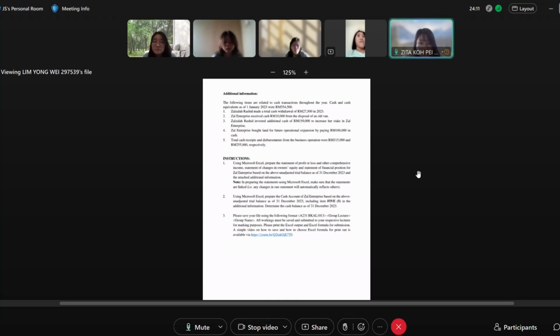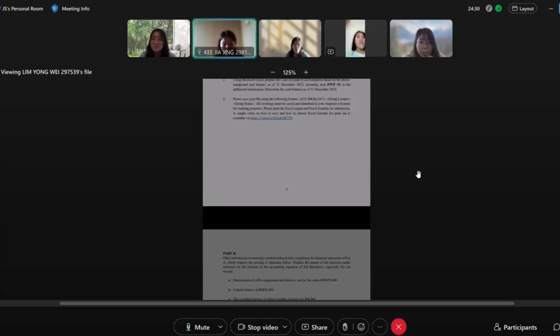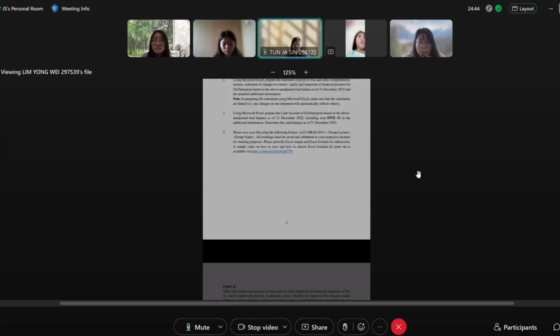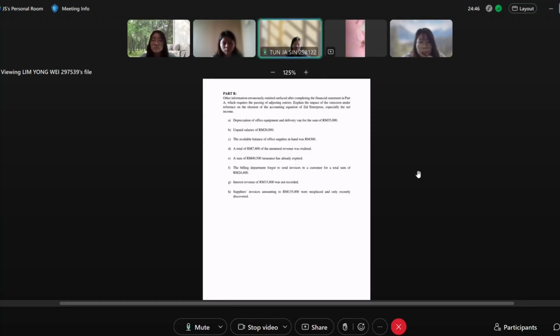We also need to prepare the cash account of Zhao Enterprise based on the above unadjusted trial balance and the additional information. So that means additional information is for doing the cash transaction. Yes, I think so. Then for the statements, we need to use the trial balance and identify it.